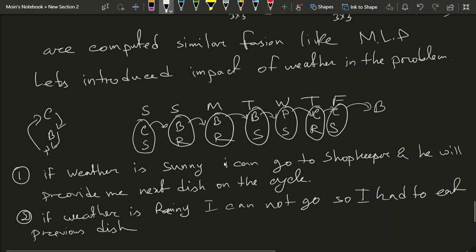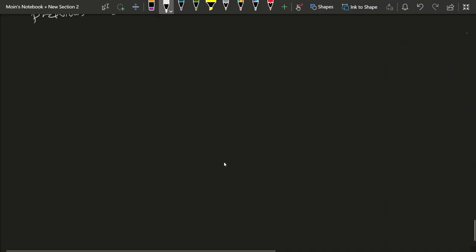So there is a change pattern and generation of food sequences, and this sequence has been generated with the help of weather consideration or weather input. So we can map this problem into a weather matrix plus previous day food matrix.